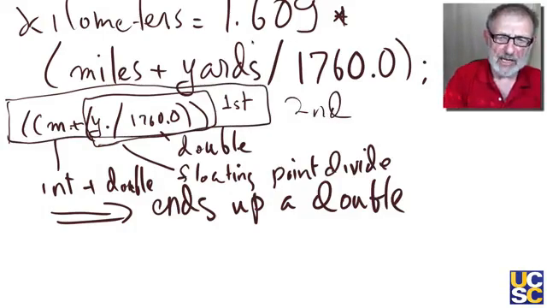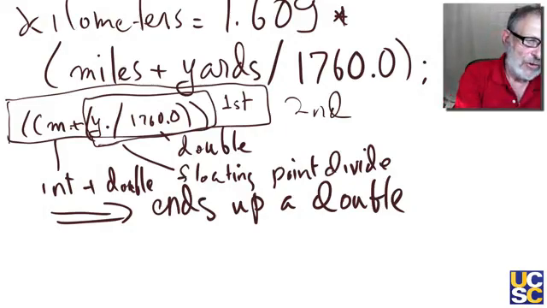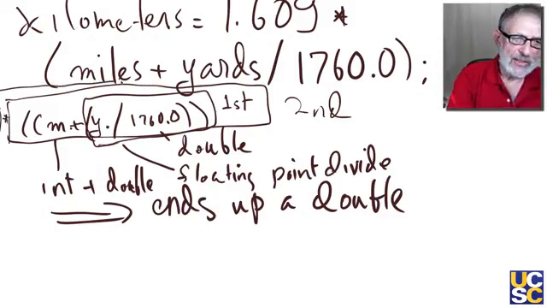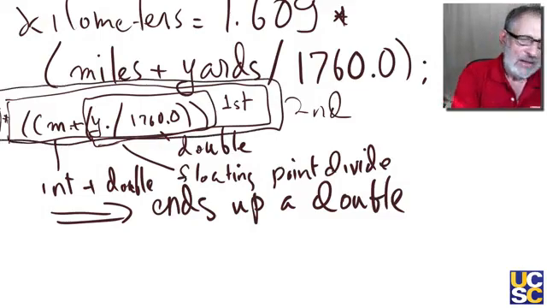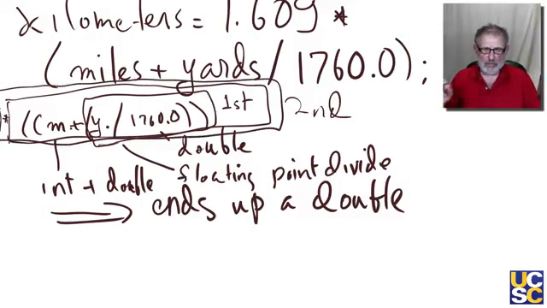And then finally, we multiply it by 1.609, and that's the third thing that gets done, and that gives us that answer of 42 kilometers and change.